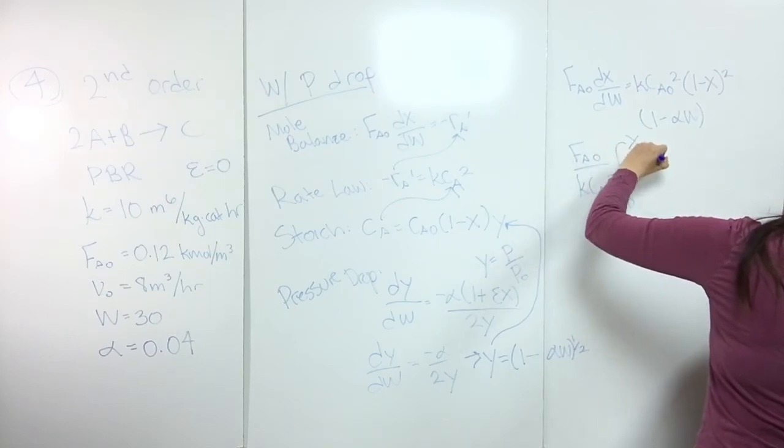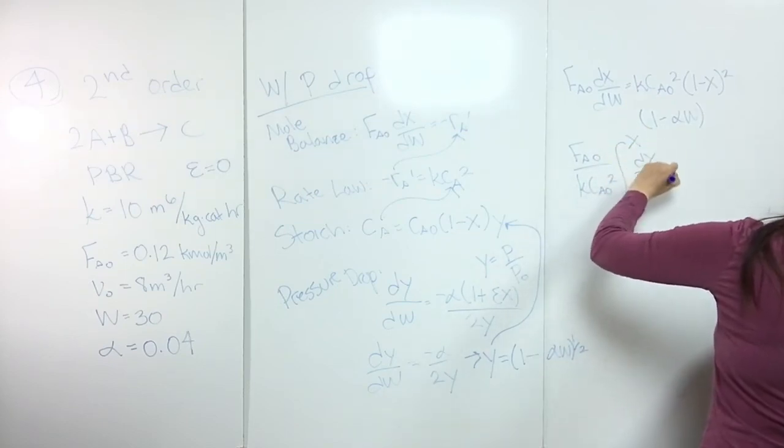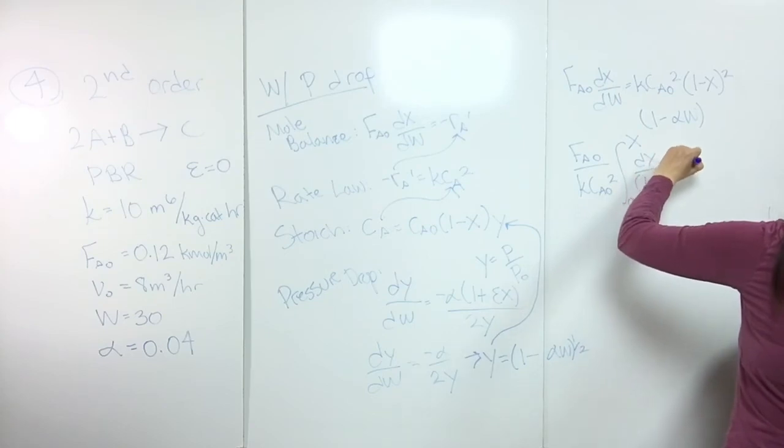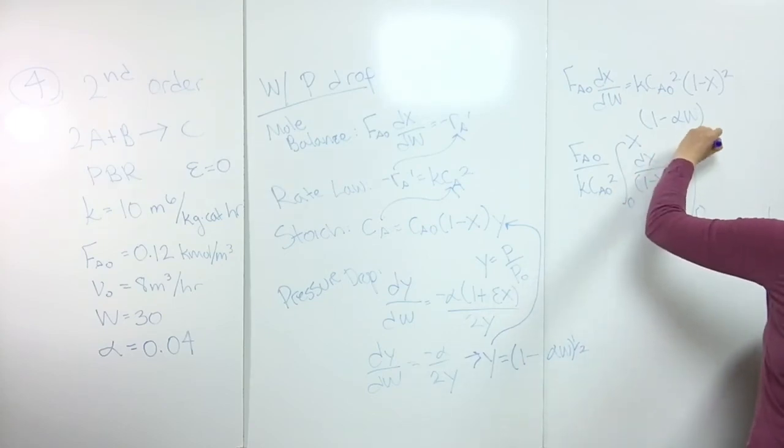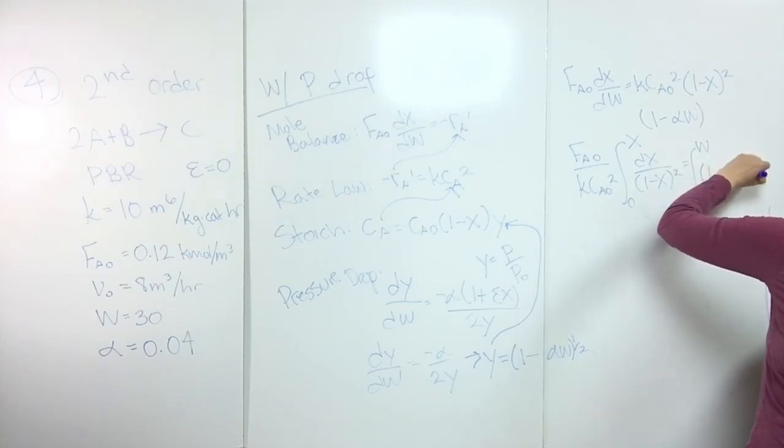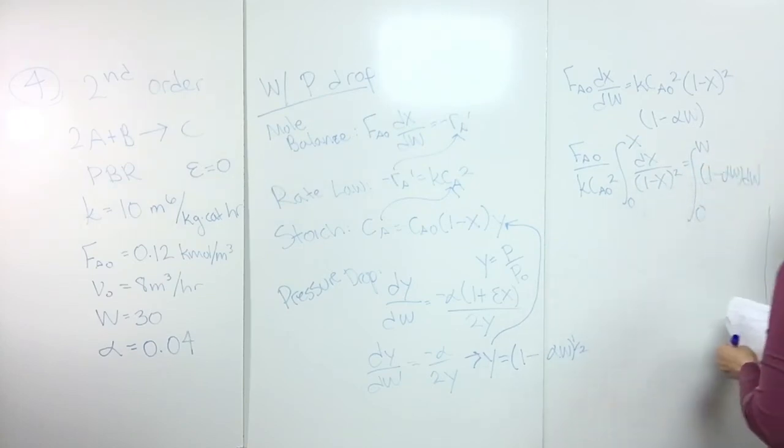0 to x dx over 1 minus x squared equals 0 to w, 1 minus alpha w dw.